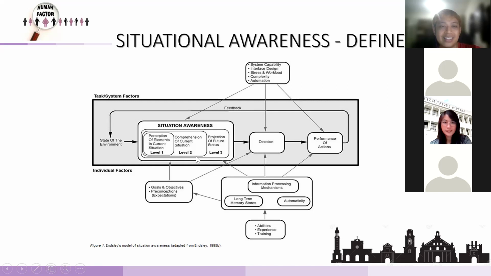For me, I always have a debate with some cognitive ergonomics researchers. We have perception, and then we think, oh, I will do this, and then we project the future status. But I would like to say those three are merged into one for me. But when you read the book, it's always like this and that: how you make a decision and perform an action, and so on.